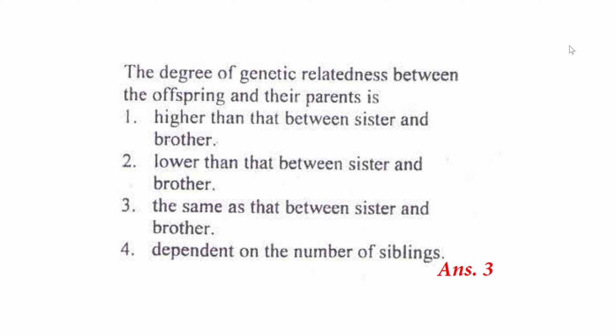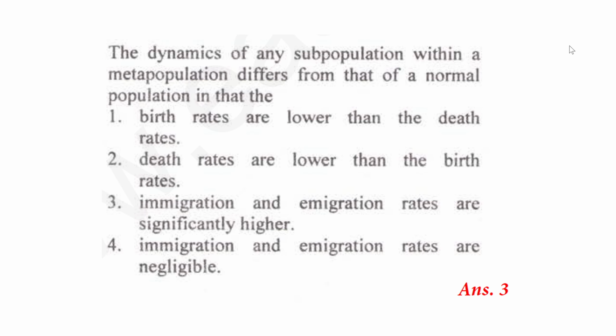The right answer will be option 3, the same as between sister and brother. Between the parents and offspring and between the sister and brothers, the degree of genetic relatedness is similar. Okay, move to the next.